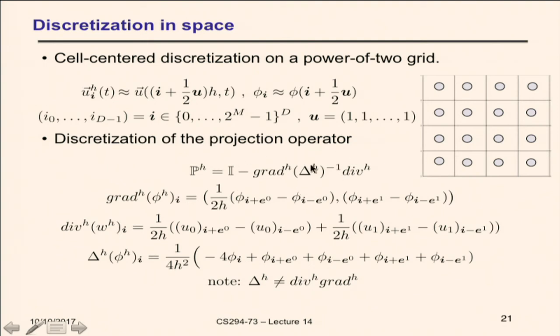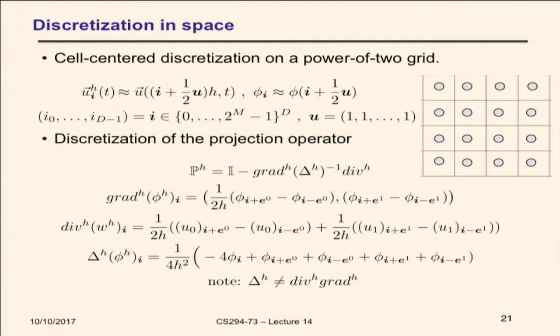I know how to solve Poisson's equation using a classical center difference approximation to the Laplacian. For those of you who are connoisseurs of this sort of thing, note that the Laplacian that I'm using is not equal to the product of the divergence and the discretized gradient. We'll have to take that into account in the way we do the time evolution.